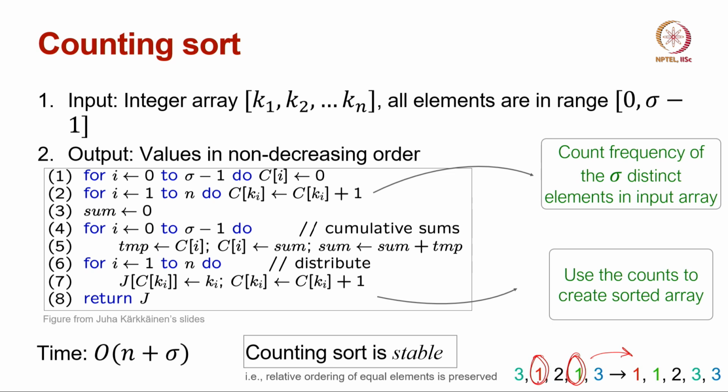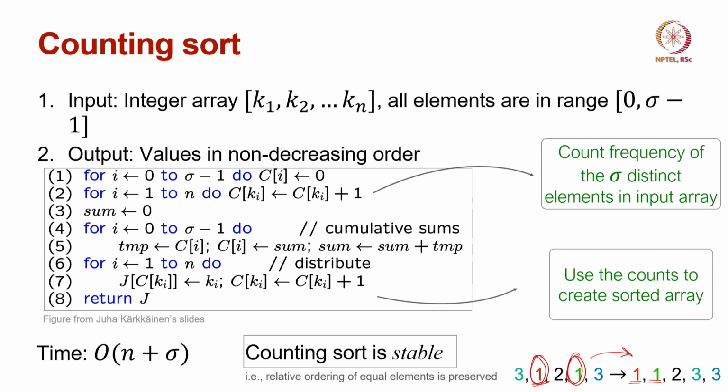I have shown that through color coding. In this case, the red entry of 1 is going to occur before the green entry of 1 in the sorted array. That is, the relative order of equal elements is preserved in counting sort, and you can check that yourself by looking at the pseudocode as well.